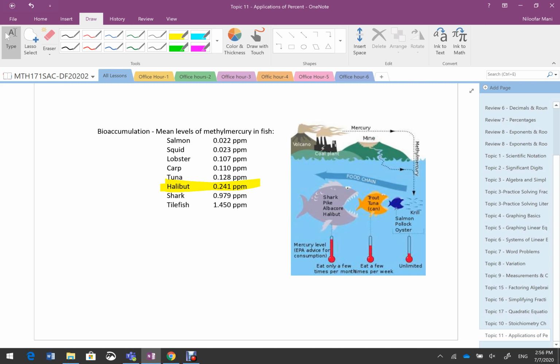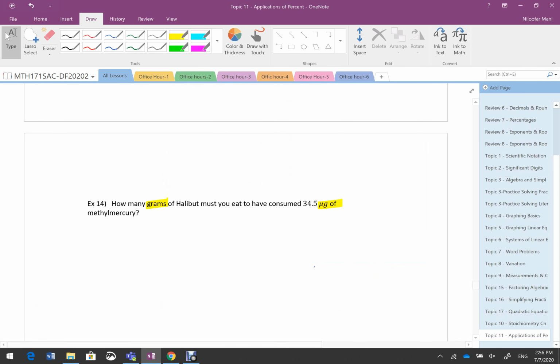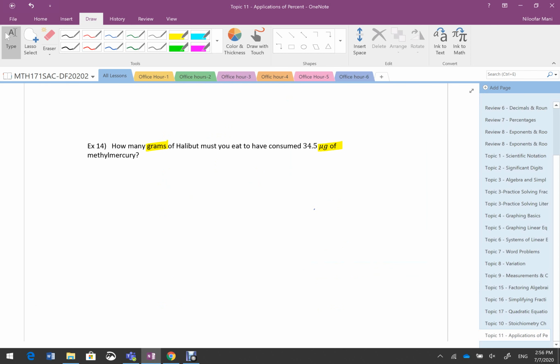Okay, so halibut is 0.241 parts per million. So this amount is even less than 1, but per million. Okay, so 0.241. How many grams of halibut must you eat to consume 34.5 micrograms of mercury?